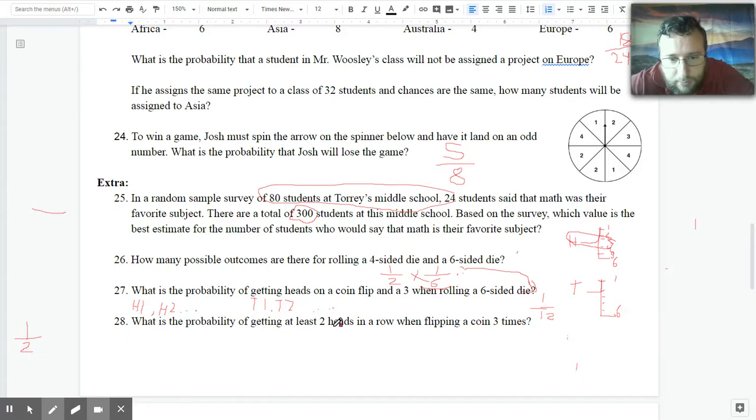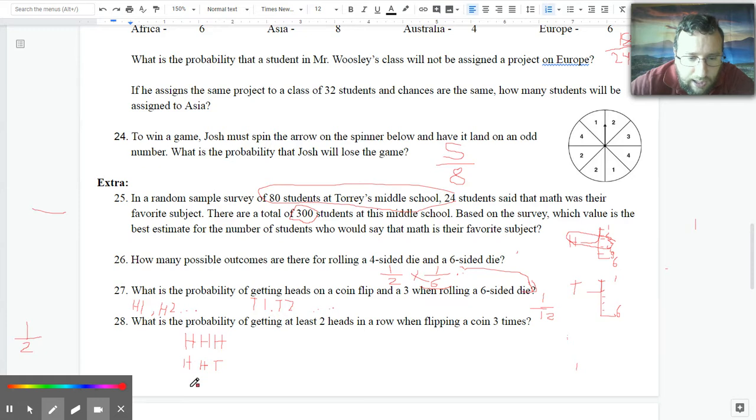Now, last one: probability of getting heads in a row when flipping a coin 3 times. So I'm going to list this because it's hard in my head to figure out all the possible outcomes to try to do it with the math shortcut. So that's one of the options that I can get, or I can get heads, heads, tails. Since I did trees for the other one, I'm going to do a list for this one.